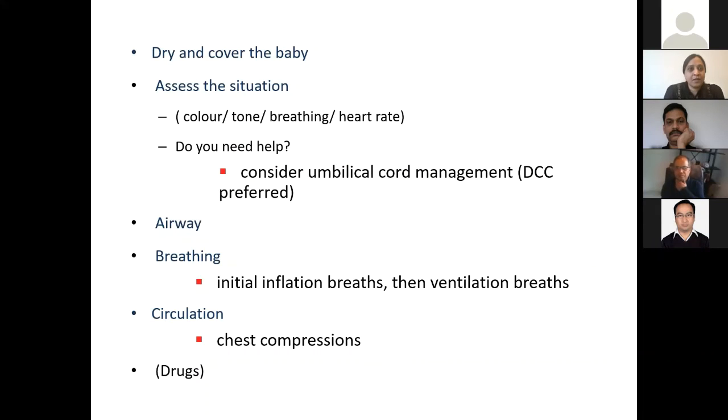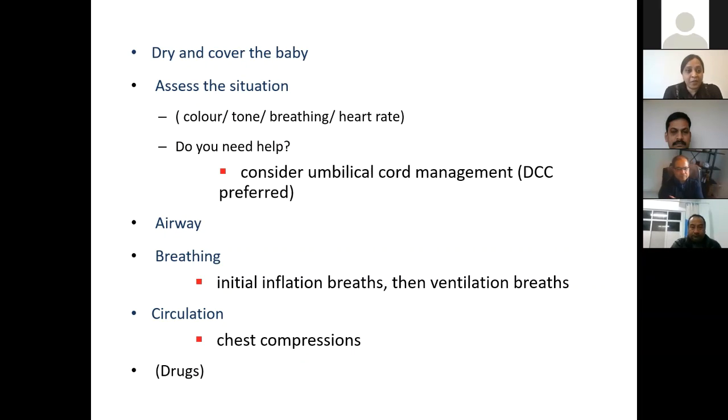So in summary, you start off with drying and covering the baby. You assess the situation, so color, tone, breathing, and heart rate, and you do this while the baby is still attached to the placenta. Think about, do you need help? So you're considering umbilical cord management, so delayed cord clamping is preferred, but cord milking where that's not possible for late preterms and term babies.